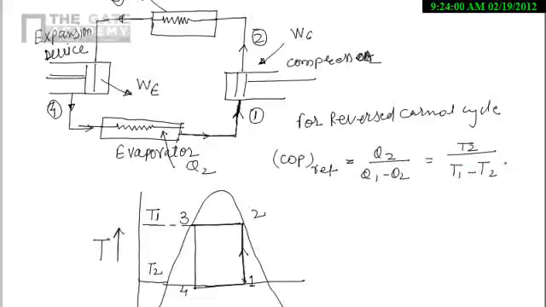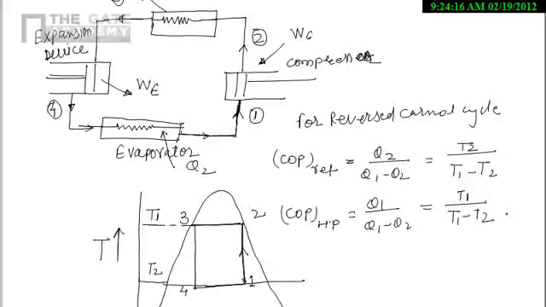Similarly, I can also write for heat pump, COP of heat pump, in that case will be Q1 divided by Q1 minus Q2 equals T1 divided by T1 minus T2.